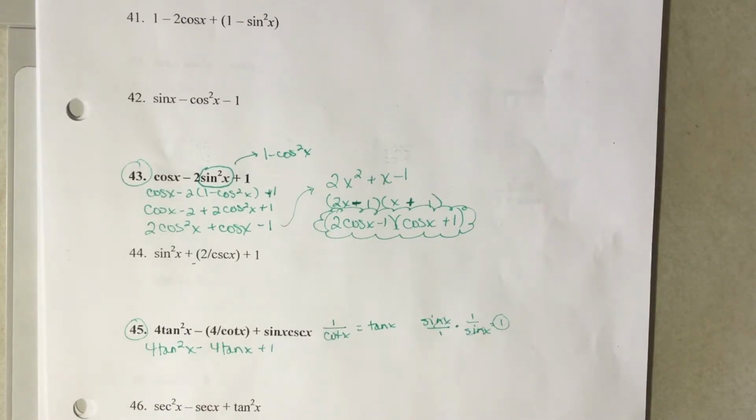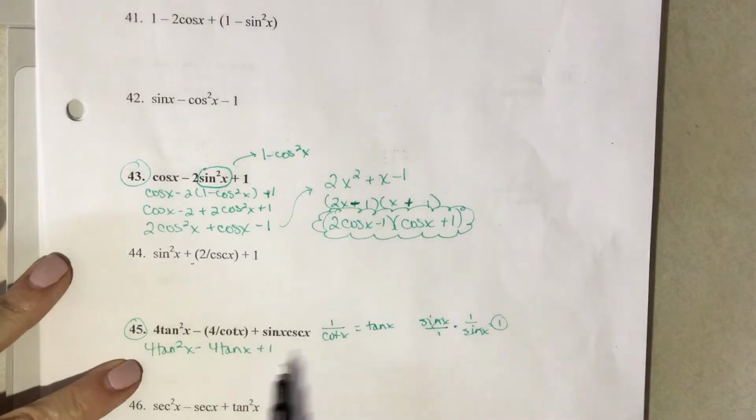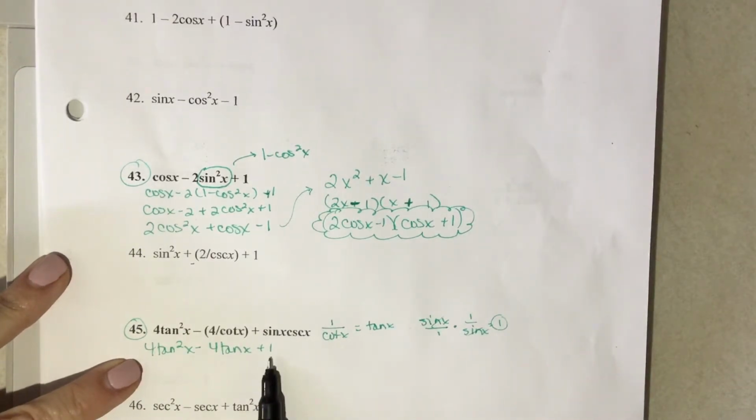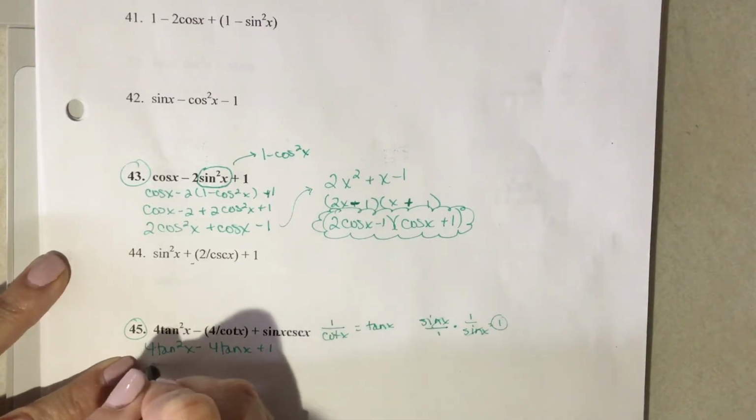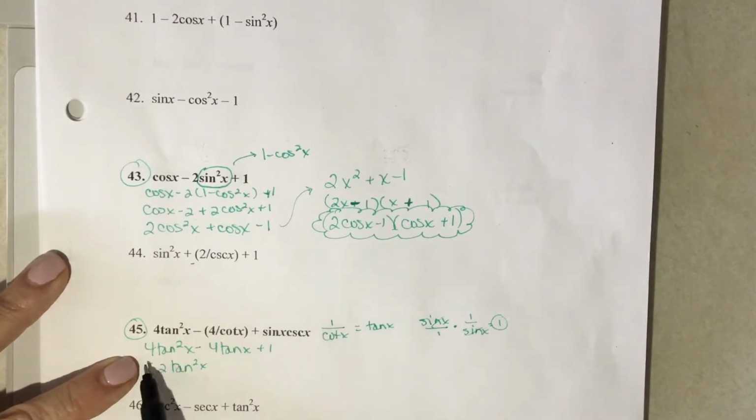Okay? And what I have set up here, since 4 is a perfect square, 1 is a perfect square, I have a perfect square trinomial, which factors. Basically, what times what gives me 4? 2.